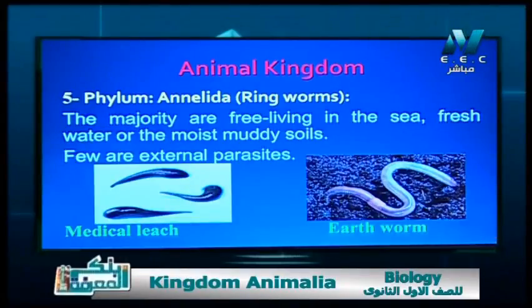We have 2 examples here, the earthworm and the medical leech. The earthworm, for example, is the model of this phylum, and it is composed of rings, as we said. They live inside the grooves that it makes inside the moist soil.